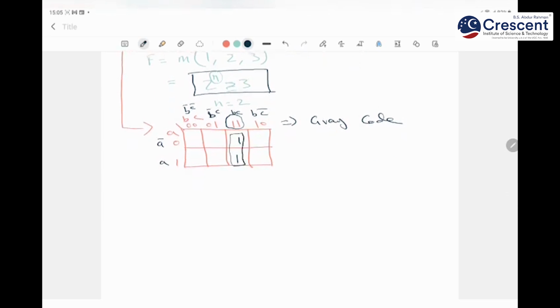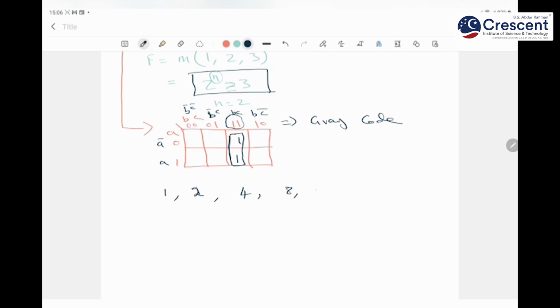You can group the adjacent cells in terms of a single cell, or you can group a pair, that is 2 as a pair, and then you can group 4 or a squad, and then an octal.